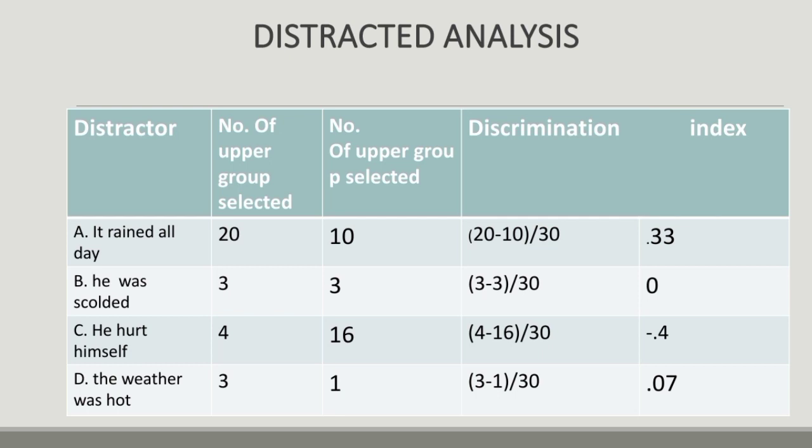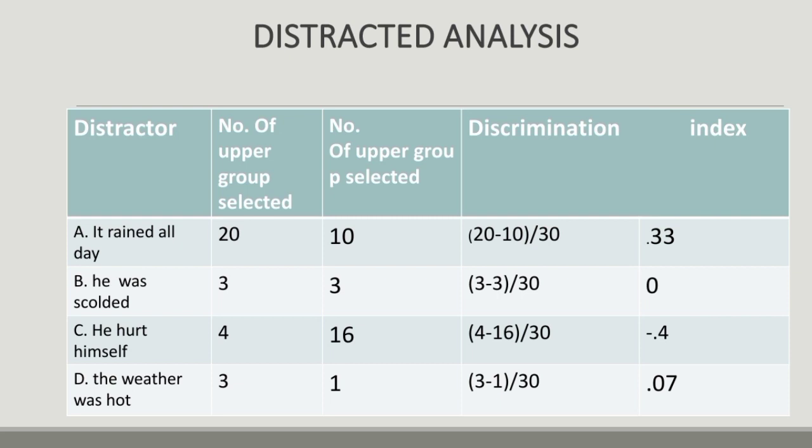Under distractor letter B, he was scolded, we have 3 from upper group, 3 from lower group. Then if we solve the discrimination index, 3 minus 3 divided by 30 equals 0. Under distractor C, he hurt himself, we have 4 from upper group, 16 from lower group.